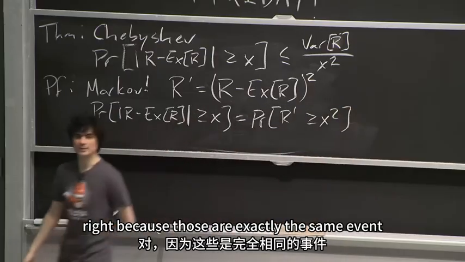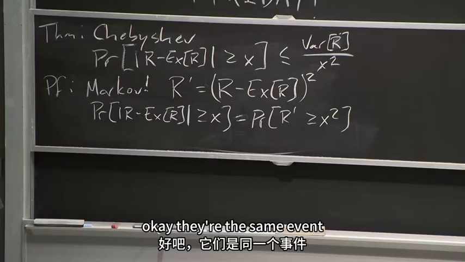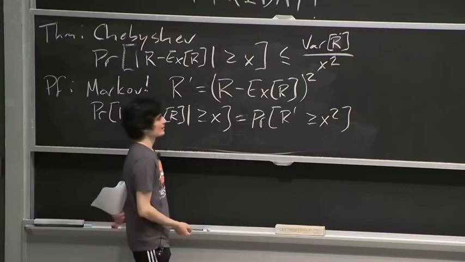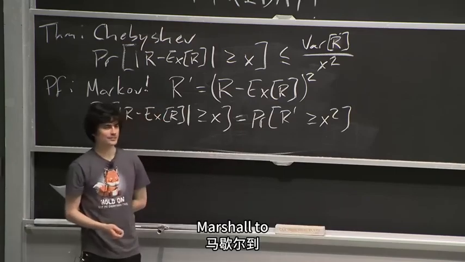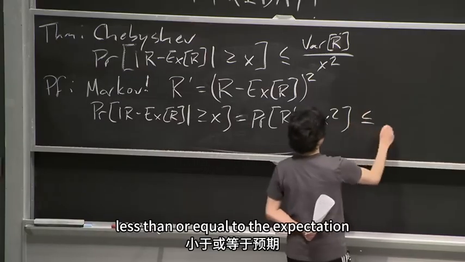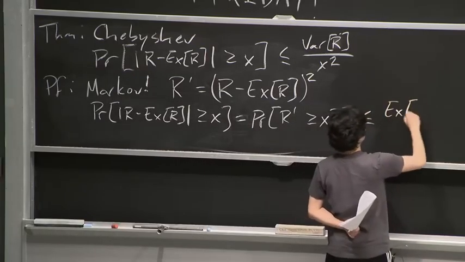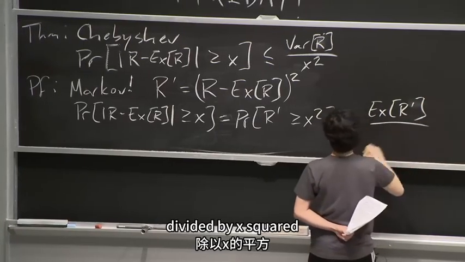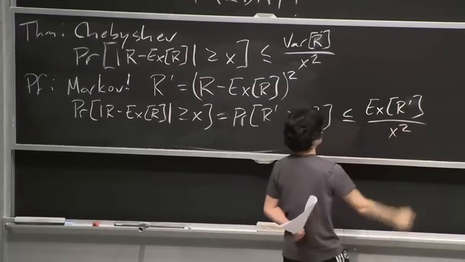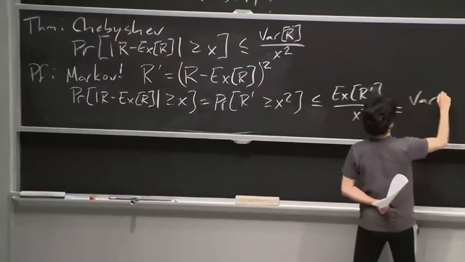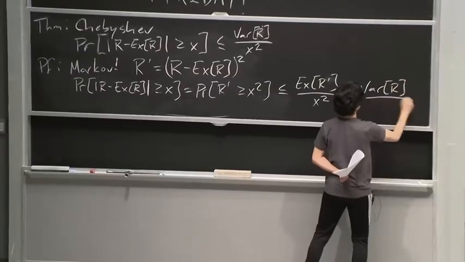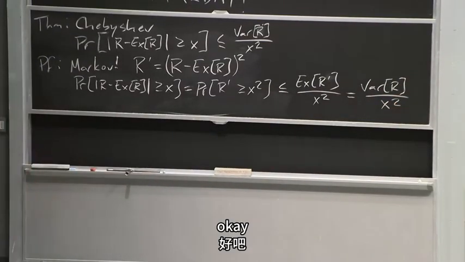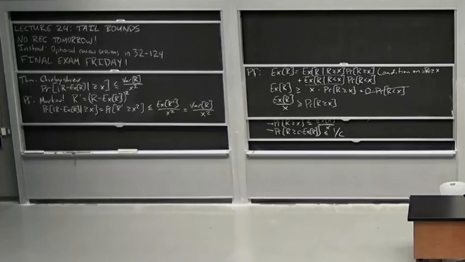Because those are exactly the same event, so they have the same probability. And now this looks like something we can apply Markov to. Less than or equal to the expectation of R prime, divided by x squared.